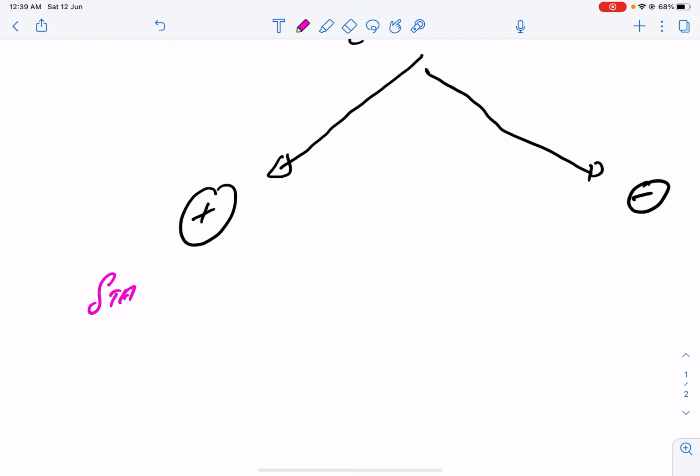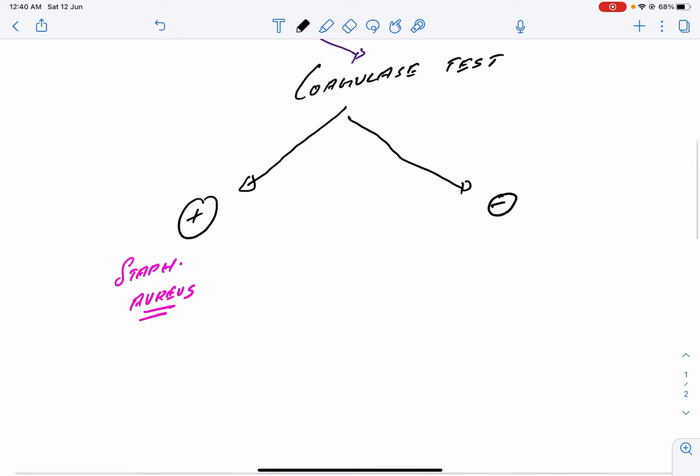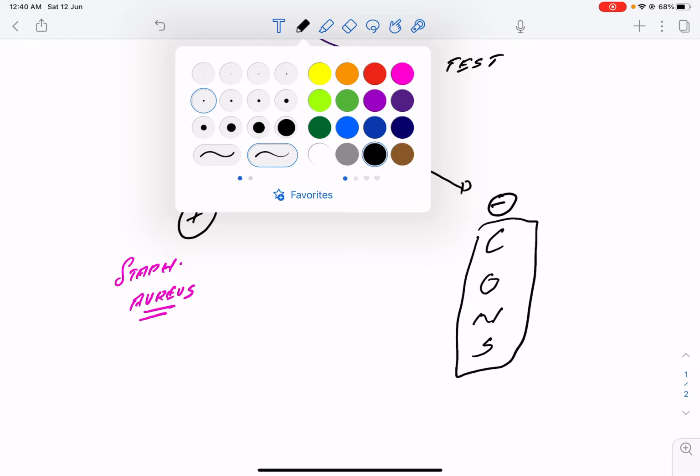Everyone knows that is our Staphylococcus aureus, or Staph aureus, right? But if someone asks what the coagulase negative ones are, not catalase, they are commonly called CONS. These are the CONS bacteria, coagulase negative Staphylococci, right?